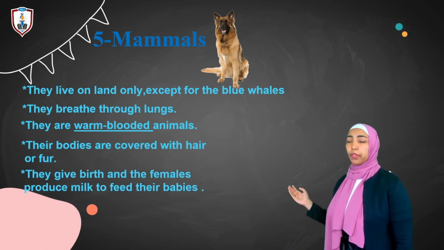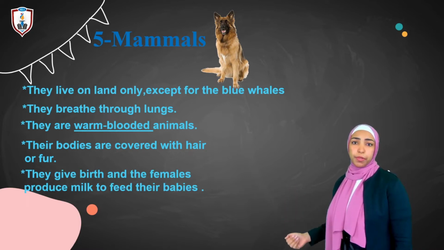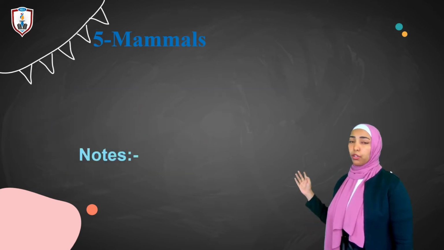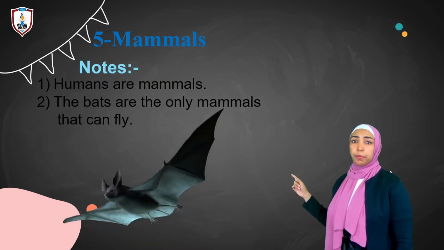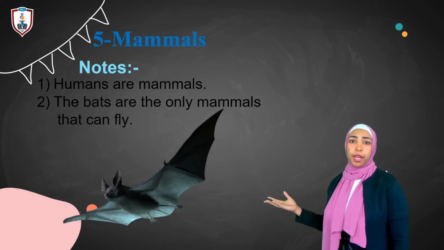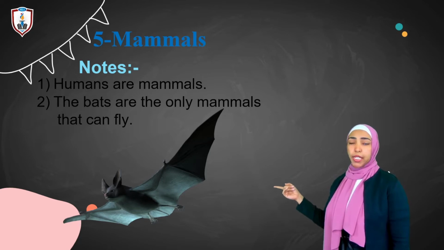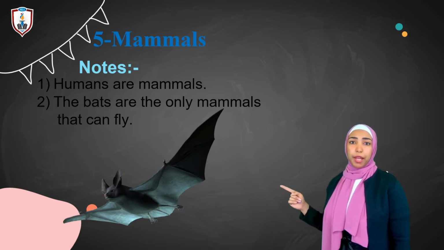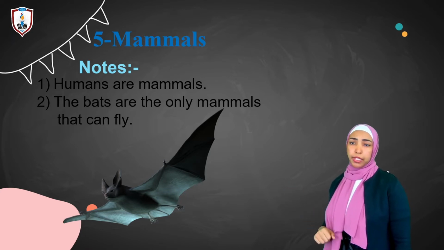They give birth, their females produce milk to feed the babies. They do not lay eggs. And don't forget, people are mammals. Humans are mammals, and the bats are kind of mammals too, but they can fly. The only mammal that can fly is the bat.